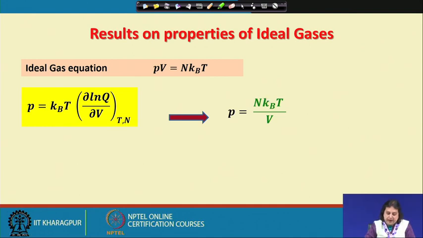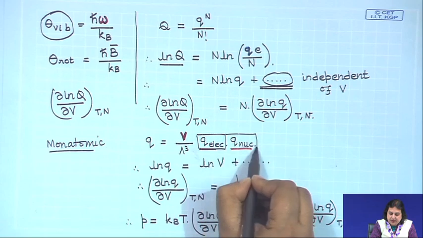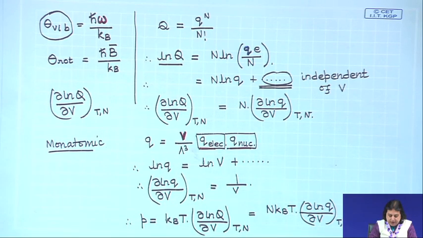Please remember, while deriving this, we have assumed that these terms are independent of the volume. This is more or less a reasonable approximation for the kind of normal temperatures that we talk about.